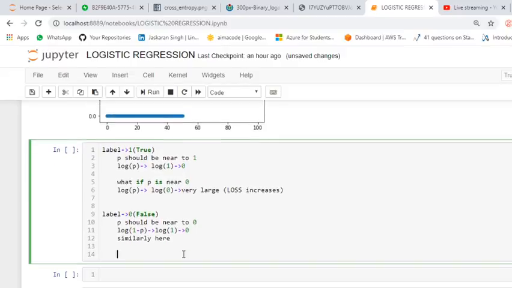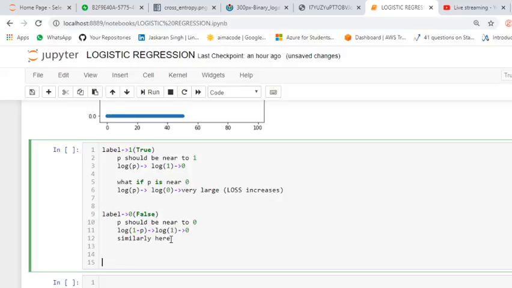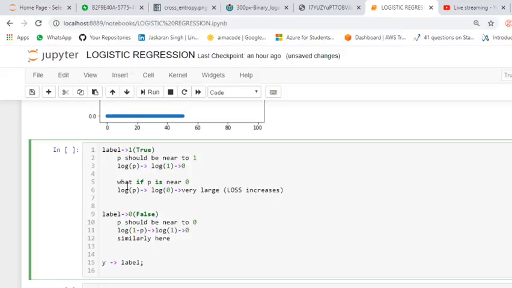So this concept tends to work very well. Here we need to combine these two. If the label is 1, then we should implement this loss. Let's say y represents our label and p is the prediction.